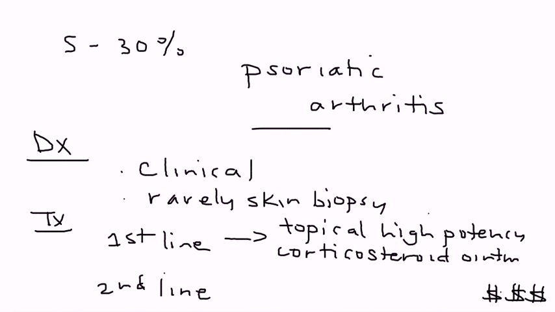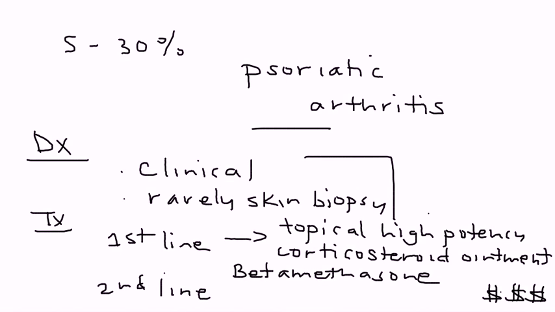And the most common one, or one of the most common ones, is betamethasone. And then also in the first line, I also want to throw in these vitamin D3 analogs that are very helpful. And in particular, what I'm talking about, of course, is calcipotriene.